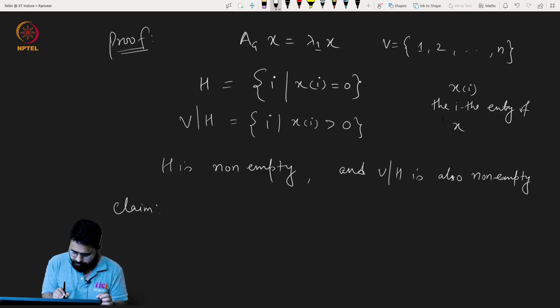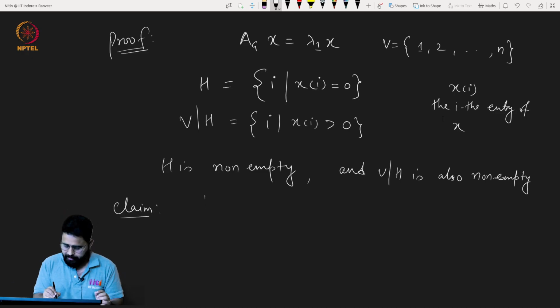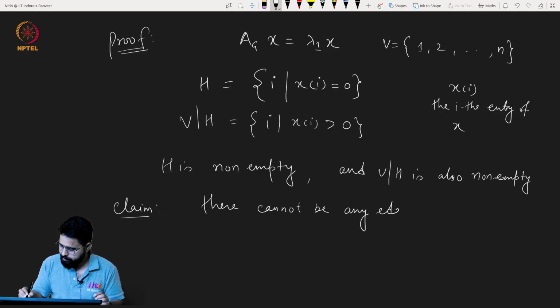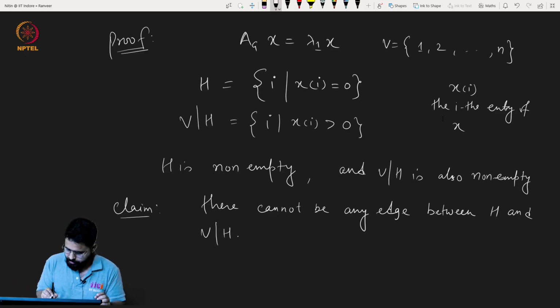Now the claim is this: there cannot be any edge between H and V minus H. Why?